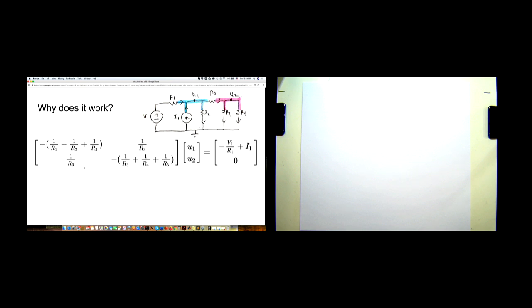Notice that the left-hand side, the matrix here, depends on how the network of resistors is set up. And the right-hand side, your B vector, only depends on the independent current and voltage sources.